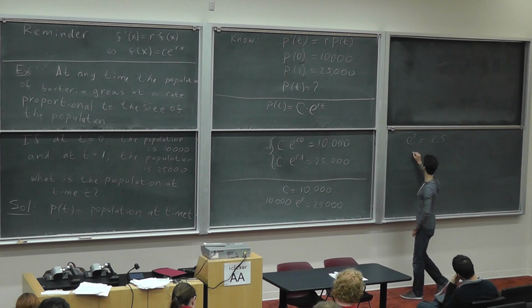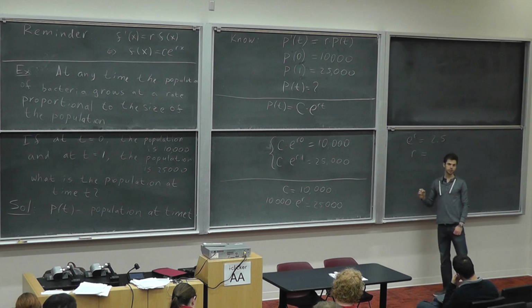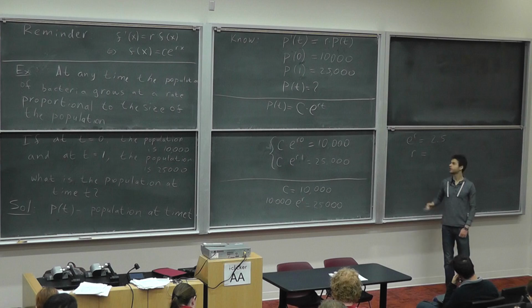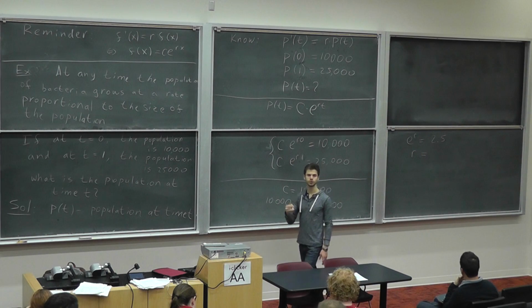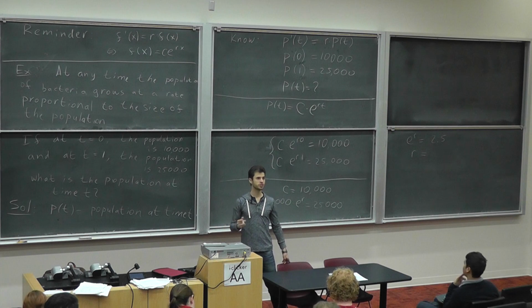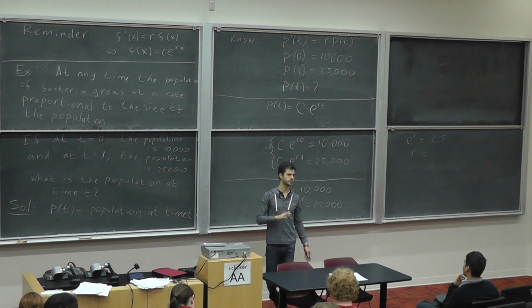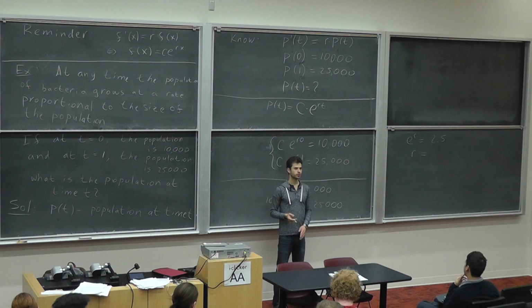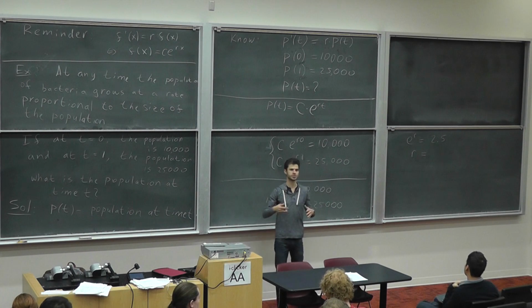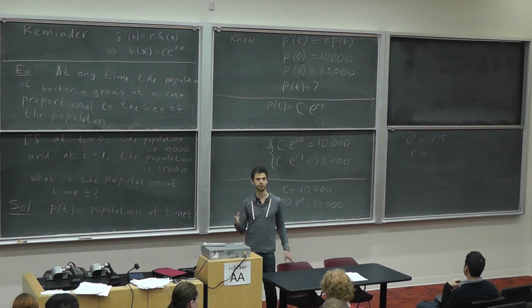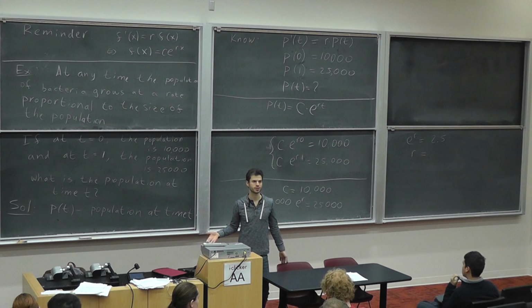Well, that's not such an easy question. It's some number such that once you raise e to this power, you get 2.5 exactly. e is 2.7 something. What power should you raise 2.718 to get 2.5? Not an easy question.